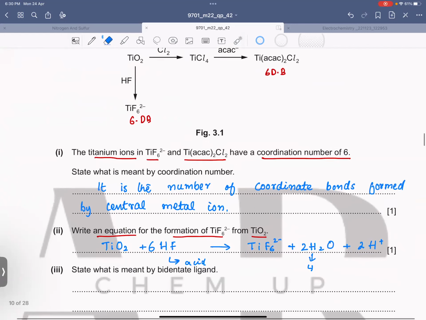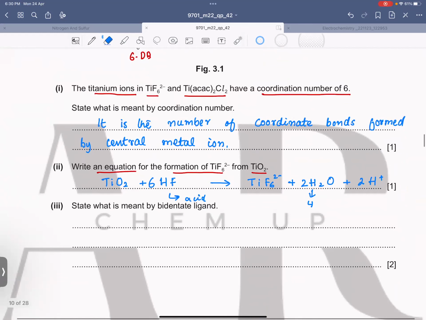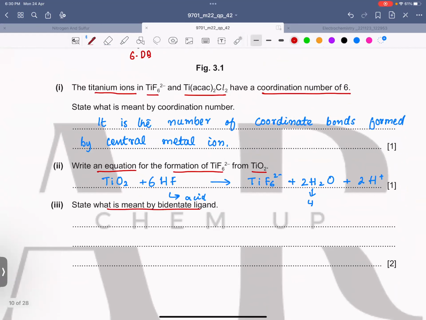Okay. Now 3D3. State what is meant by the bidentate ligand.